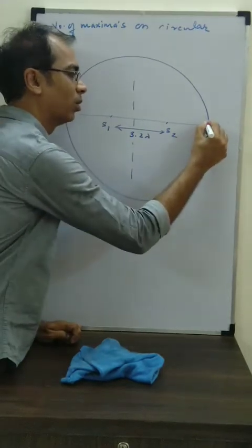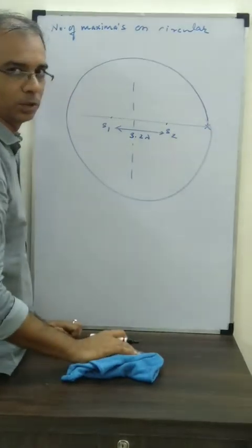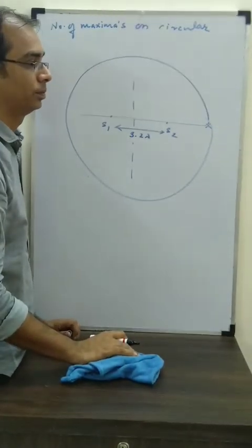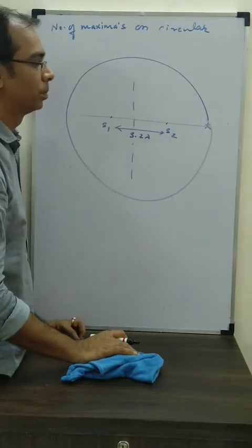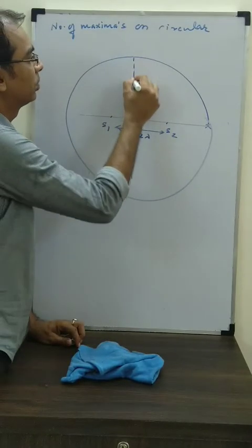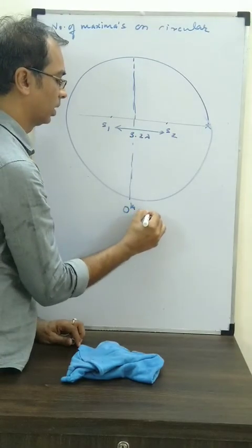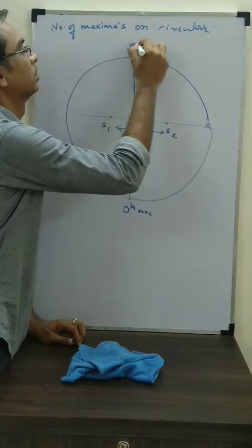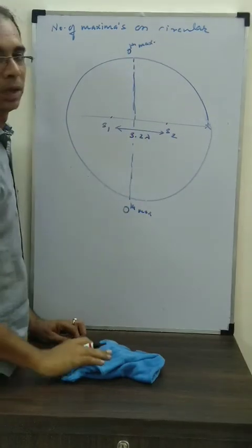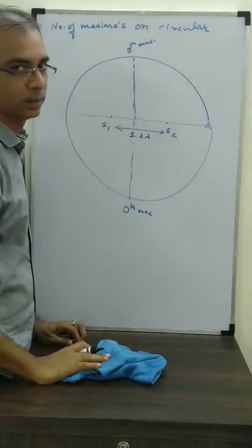Are we going to get a maxima over here this time? The path difference is 3.2 lambda. Answer is no. Are we going to get a 0th maximum here and here? Yes. Here is the 0th maximum, and here is the 0th maximum. The maximum path difference is 3.2 lambda.